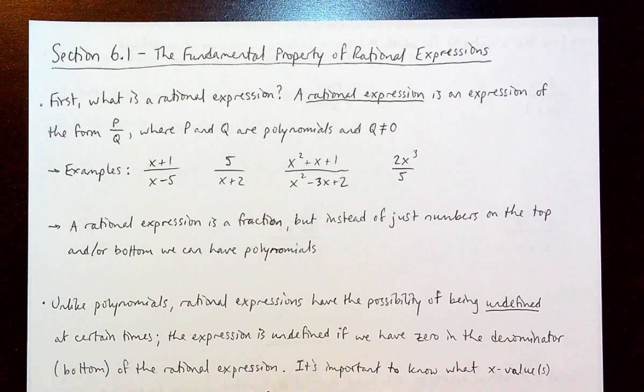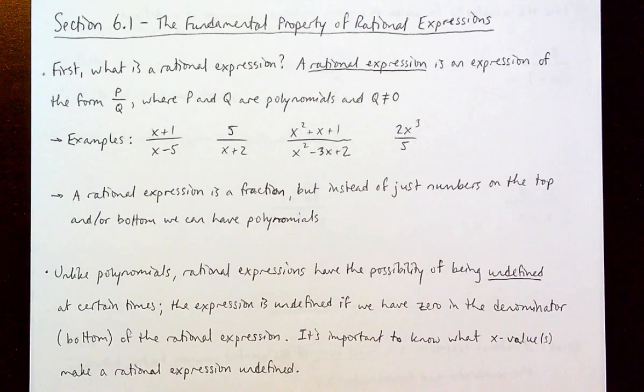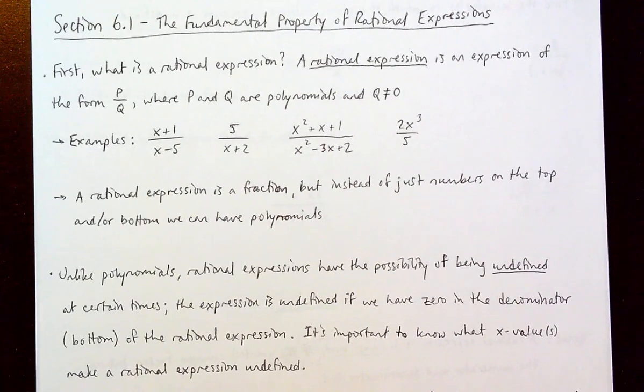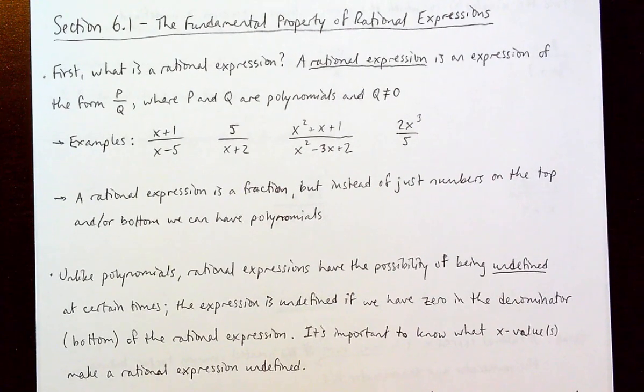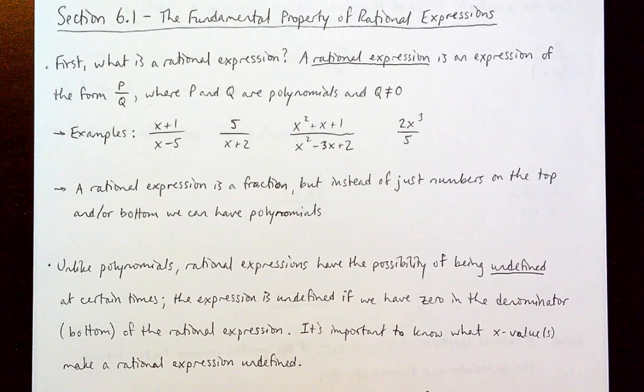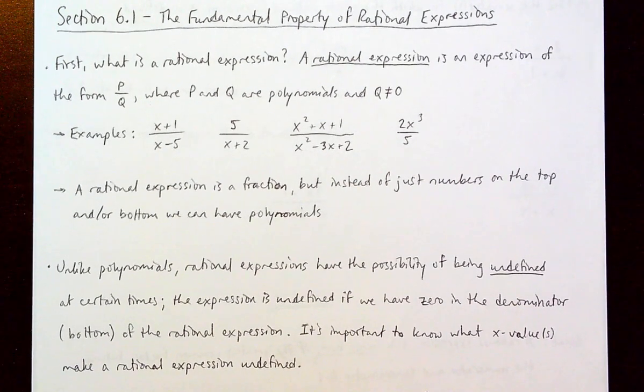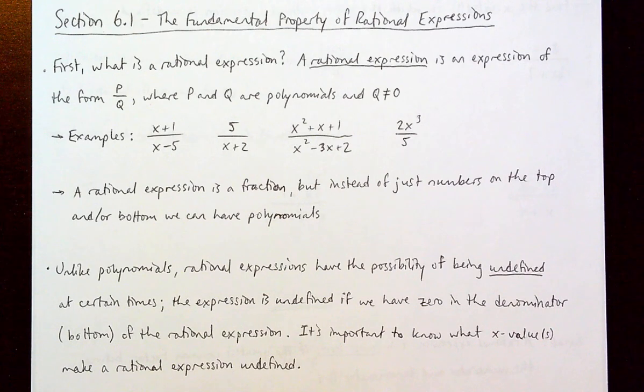And we would say that at that particular value for our variable, the rational expression would be undefined. And what really tells us when the rational expression is undefined or not is if the denominator is equal to 0.